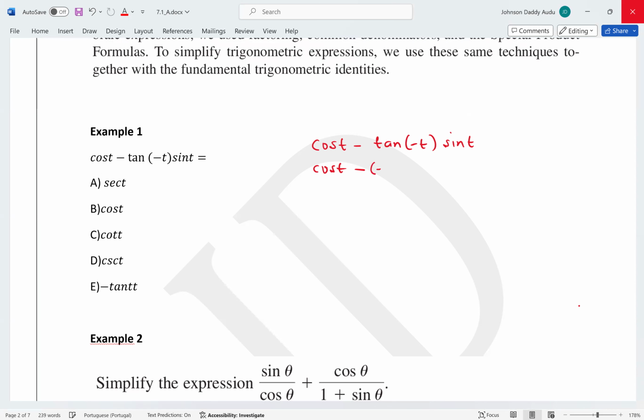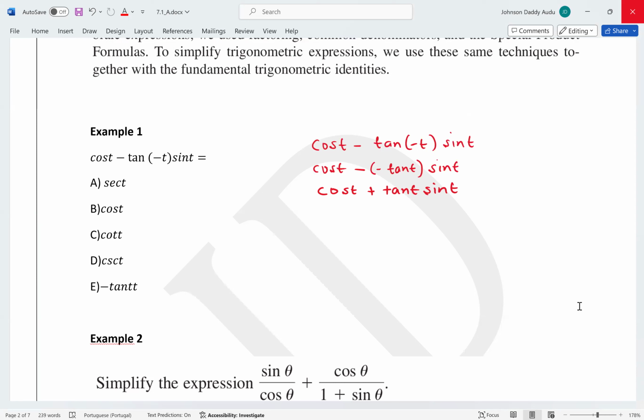This becomes minus tan t, then sine t. So we've used the identity that tan is an odd function, and this is true for any value of t. So this is cosine t minus minus, which becomes plus tan t, multiplied by sine t.